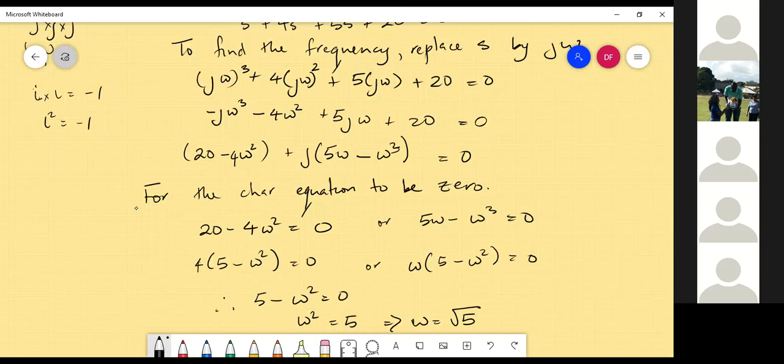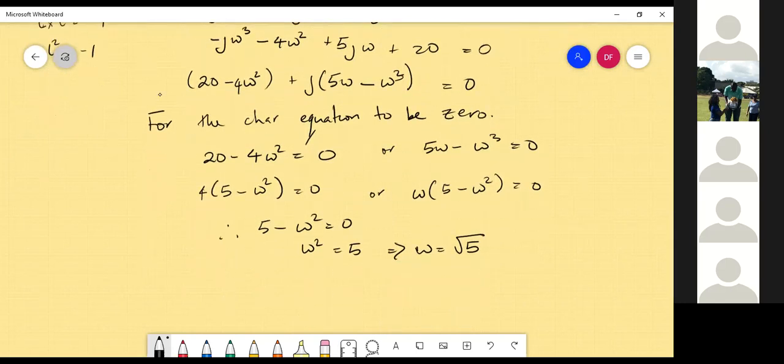Okay, we take it to where the textbook takes it. Remember that 2 pi f, which is 2 pi over T, is equal to omega.